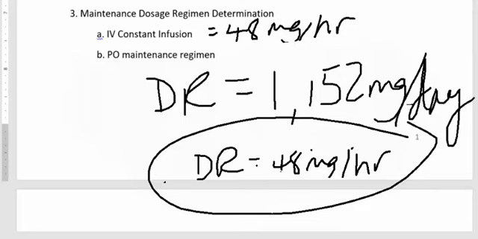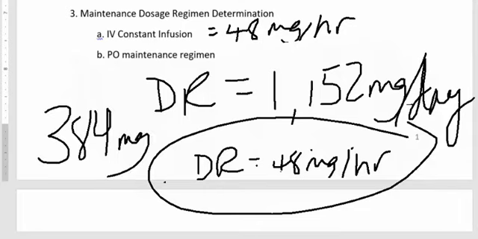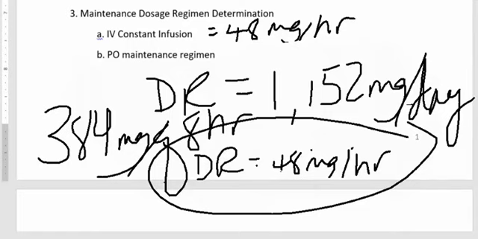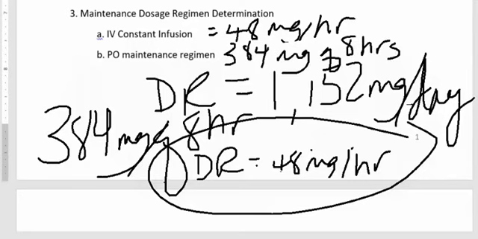And then we can divide that into 3 chunks. So it's going to be 384 milligrams every 8 hours, or 3 times a day. The other thing you can do is just say 48 times 8, which is going to give you the same number, right? So for this one, we're going to recommend 384 milligrams every 8 hours.